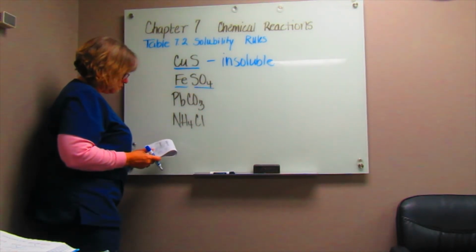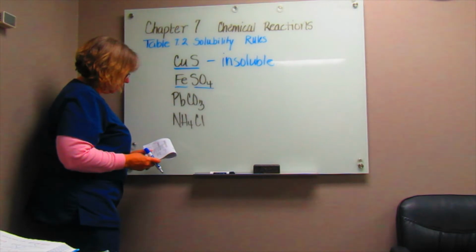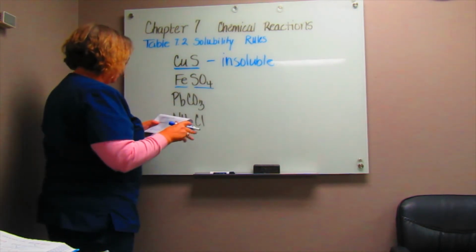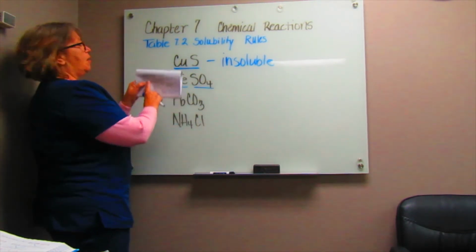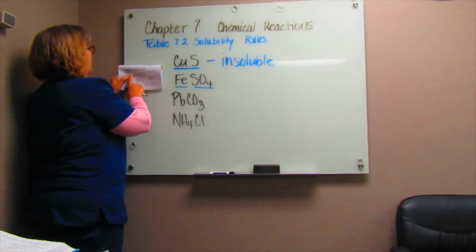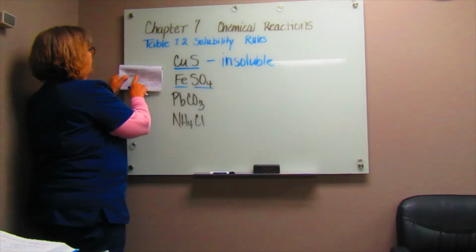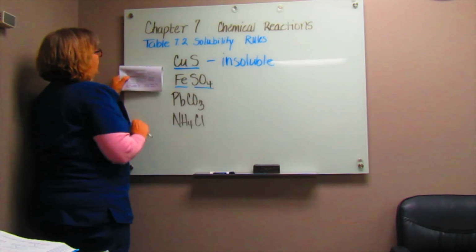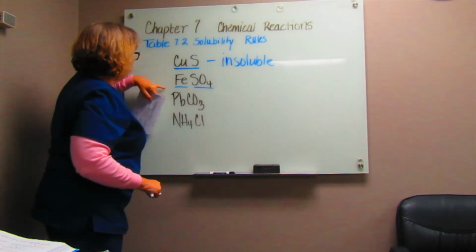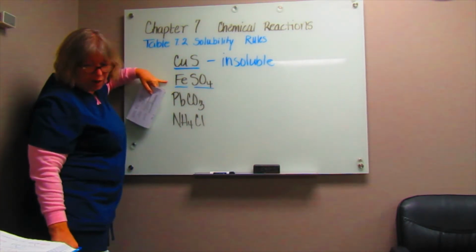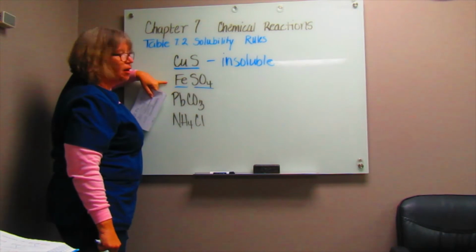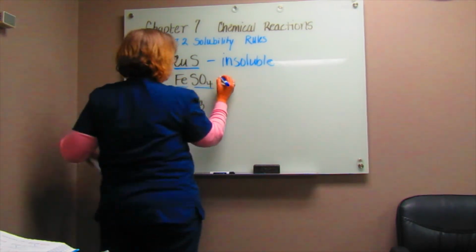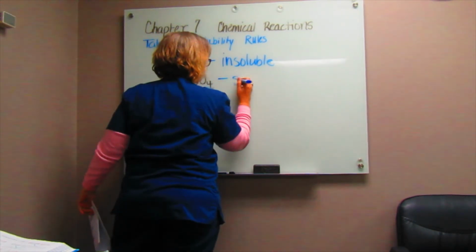So when these two substances combine, from your solubility table, when SO4 pairs with calcium, strontium, barium, or lead, the compound is insoluble. Okay, so the iron does not fit into that category, so this is going to be a soluble compound.